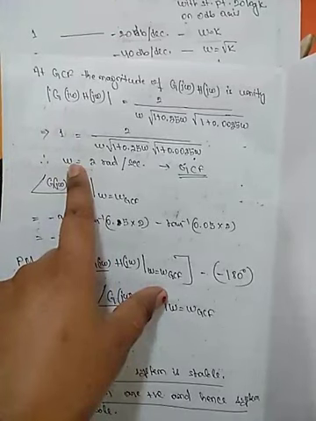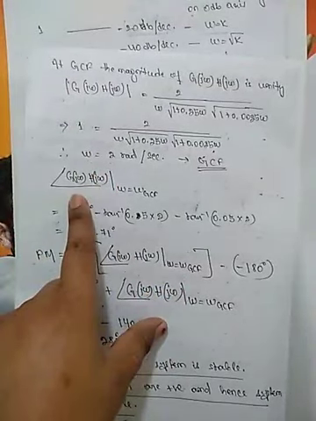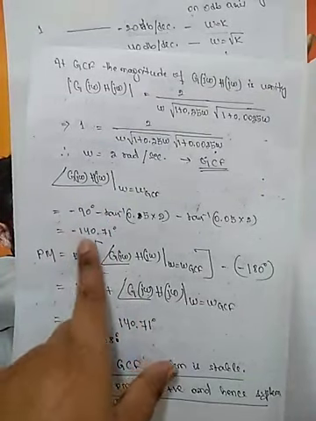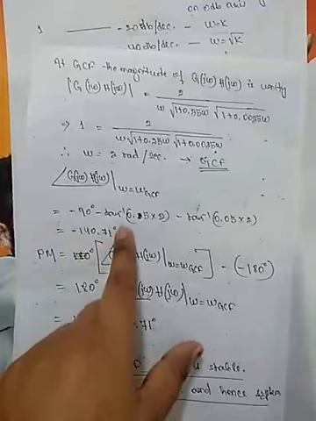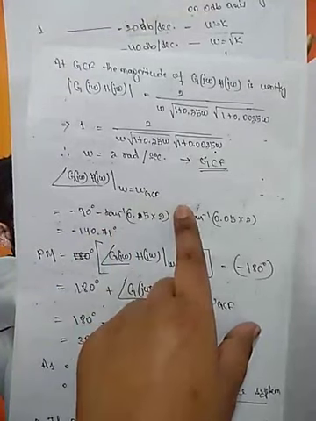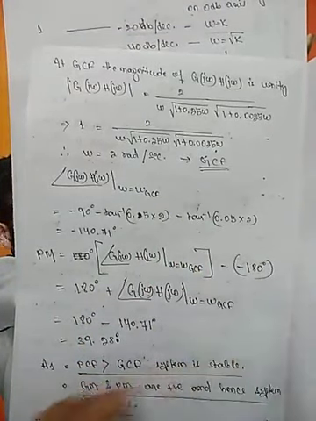Whatever omega value you get, that is the gain crossover frequency. At this gain crossover frequency, you find the phase angle of the open loop transfer function, and whatever angle you find, you add 180 degree. Why do you add 180 degree?